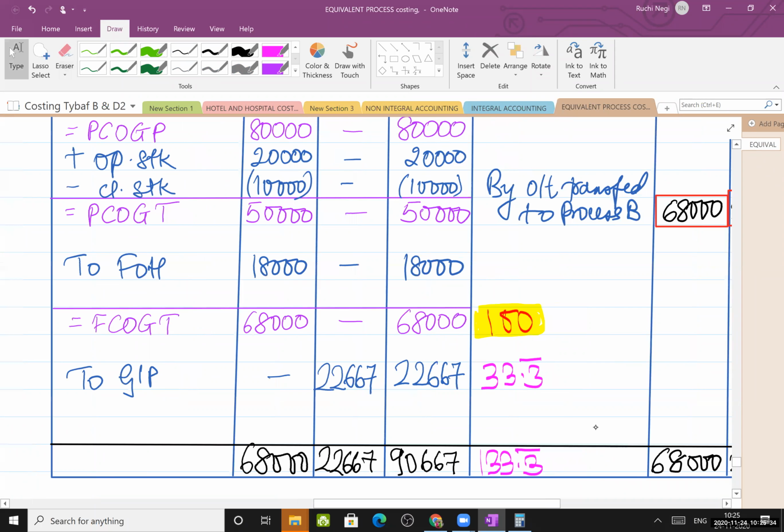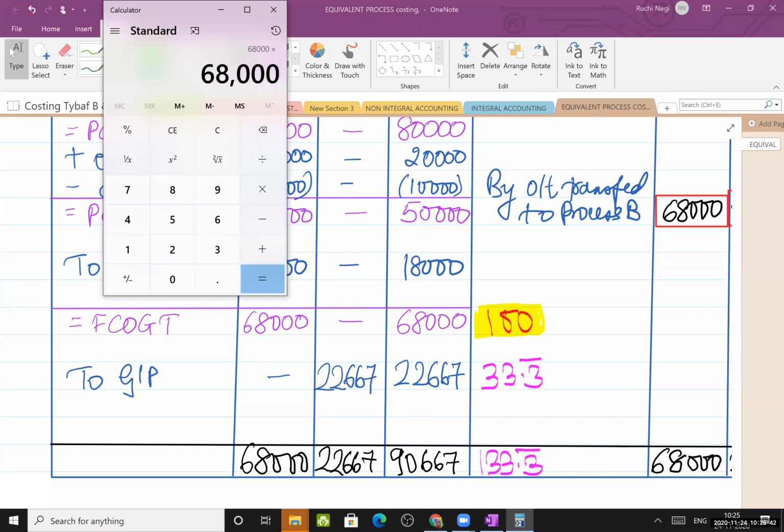Profit percentage is on what basis? Okay, so cross multiply, you will get the answer. 68,000 into 133.3333, take up to the digits of your calculator, divided by 100.